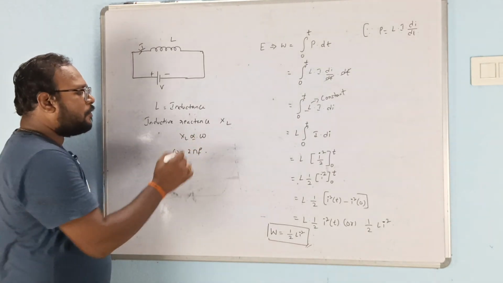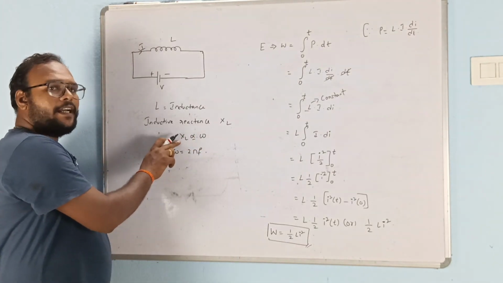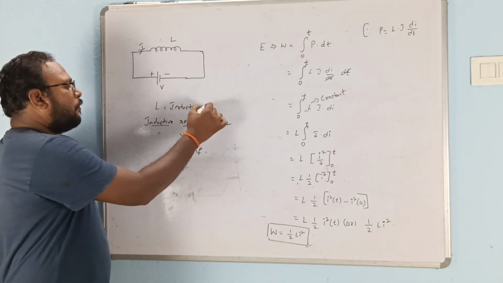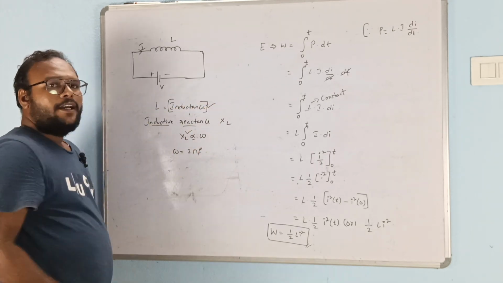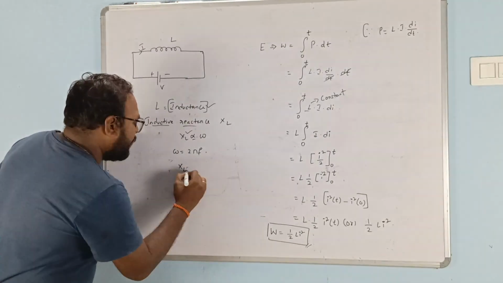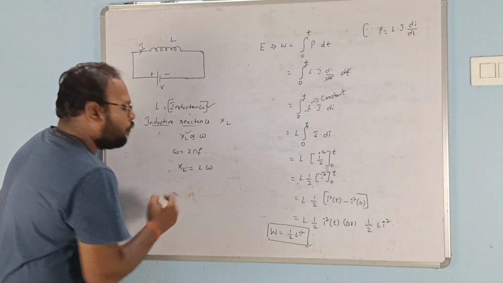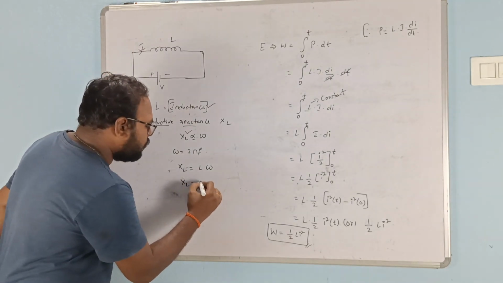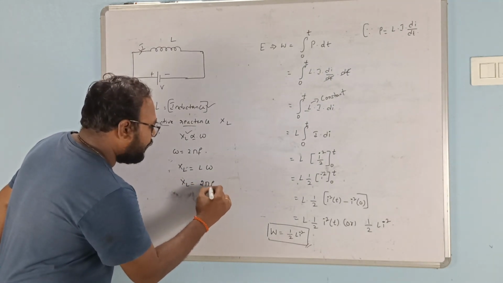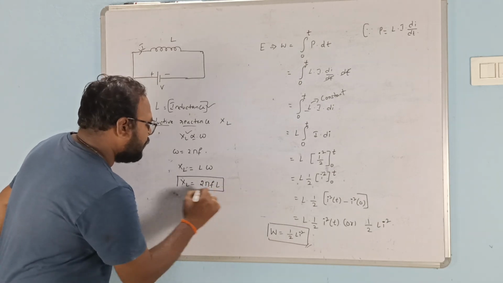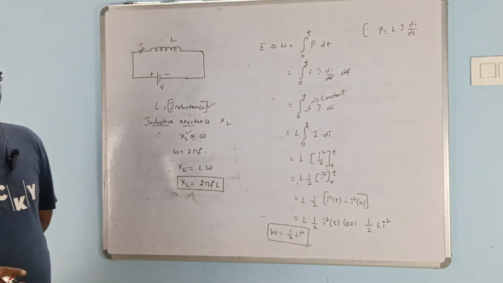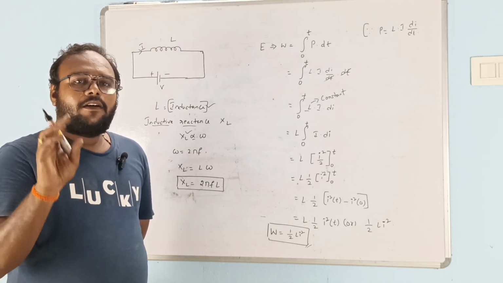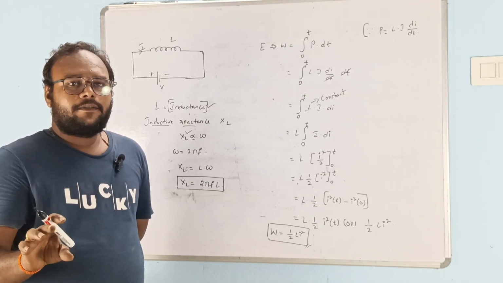Considering inductance as a constant, XL is equal to L into omega, so XL is equal to 2 pi f L. This is the inductive reactance, which is nothing but the resistance offered by the inductance.